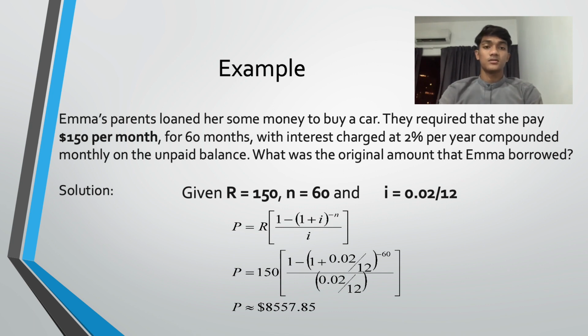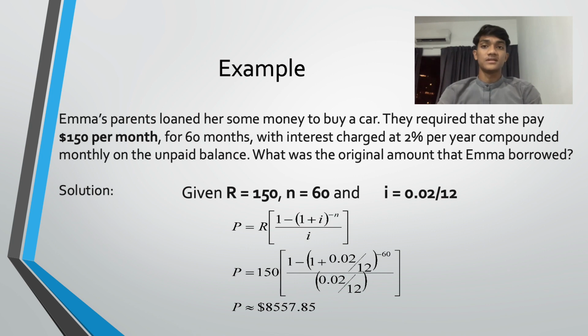Now let's take a look at the next example. Emma's parents loaned her some money to buy a car that required that she pay $150 per month for 60 months, with interest charged at 2% per year compounded monthly on the unpaid balance. What was the original amount that Emma borrowed?